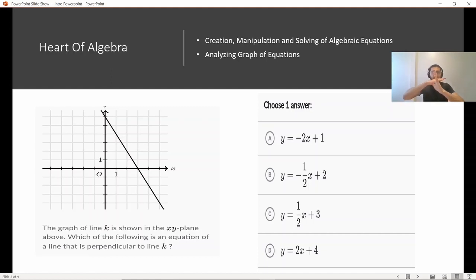And the steeper my line is, the line perpendicular to it is that much flatter. So because K is steep, it makes sense, it is more likely that whatever line is perpendicular to it would tend to be more flat.